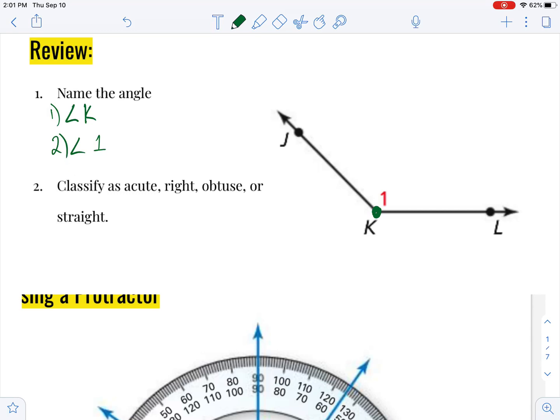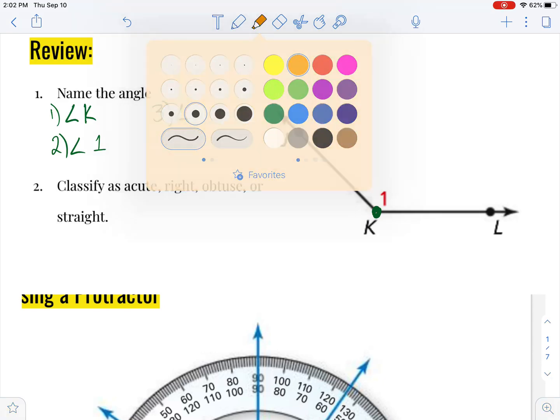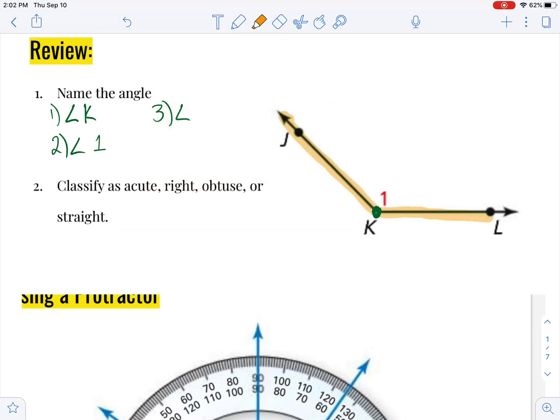And then the last 2 names I could give this are going to be the 3 letters here. So I can name it JKL, or I could name this angle going the opposite direction, LKJ.